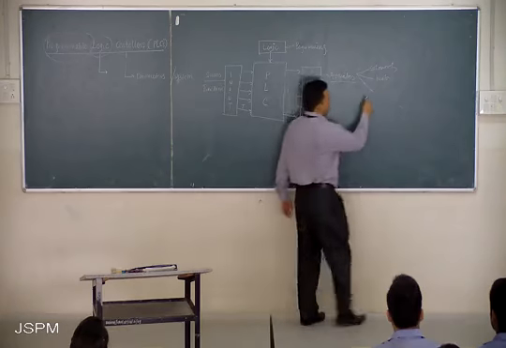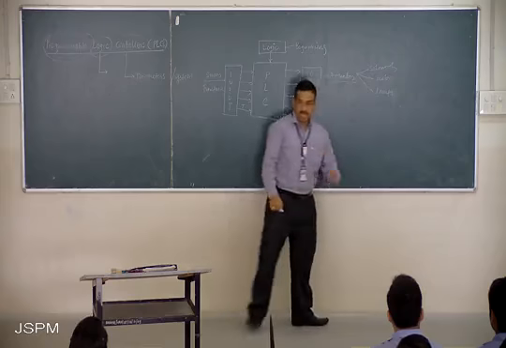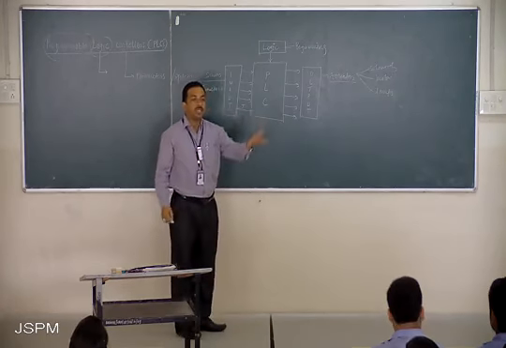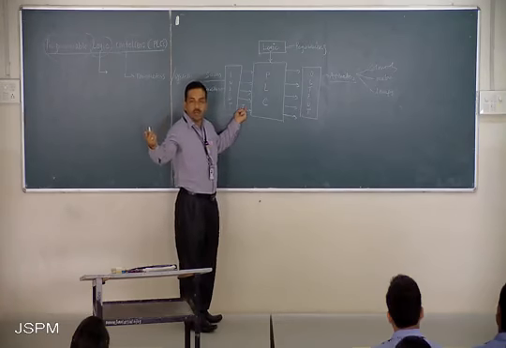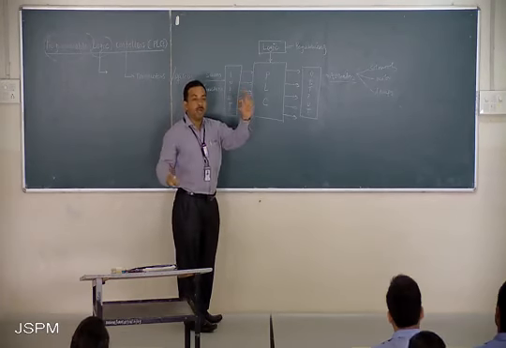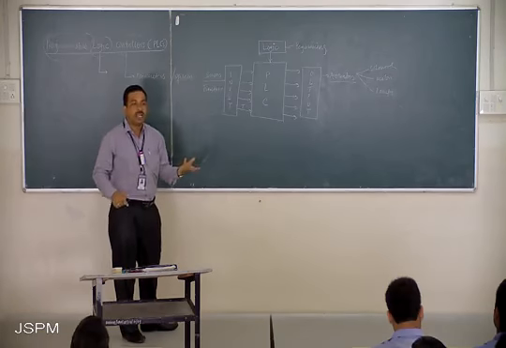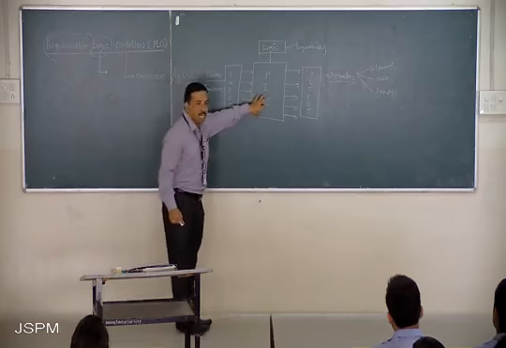You have lamps, correct. Lamp, light, that is also one of the outputs, right? Suppose some indication is to be given: if the temperature is crossing some safe value, an indication will be given, some red lamp will glow. So who will decide whether the temperature is within the range or out of the range? This PLC will decide.